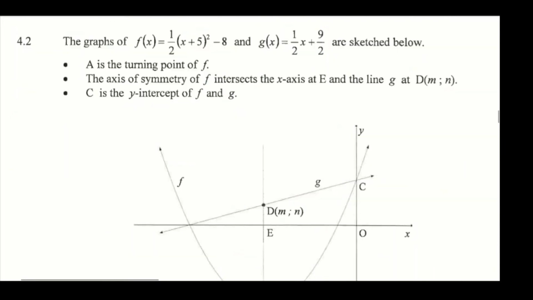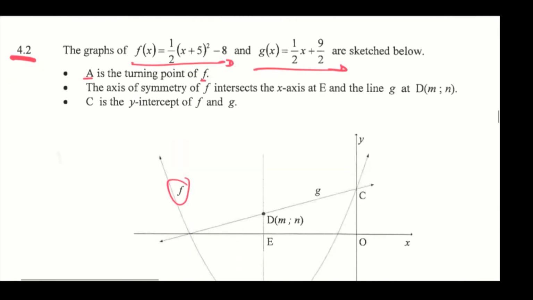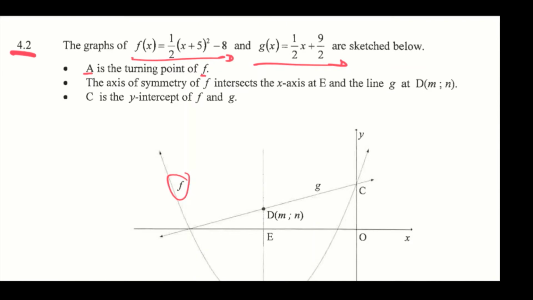Now in 4.2, we are given the graph of f. This is the equation of the graph of f, right? And the graph of g. And we are told that A is the turning point of f. And we are also told that the axis of symmetry of f intersects the x-axis at E, right?